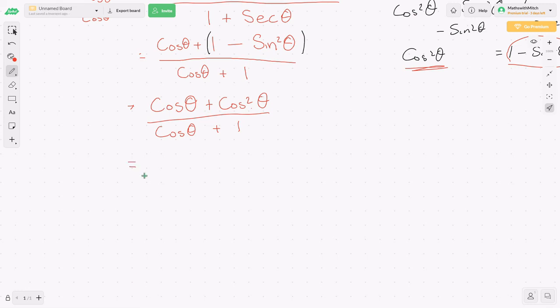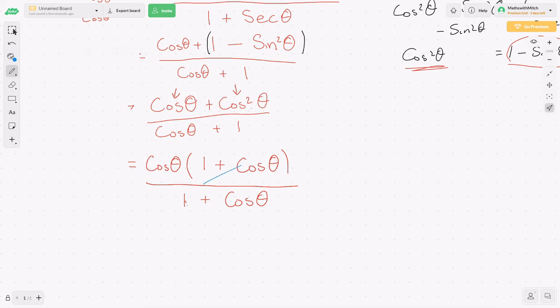So we can bring that out because we have cos theta as a common term into here and here. So that leaves us with 1 plus cos theta. And on the bottom, we have cos theta plus 1, which is it. Doesn't matter which way around you write it. We can write it as 1 plus cos theta, same thing, but we'll change it around just so you can see it neatly from the top and bottom.